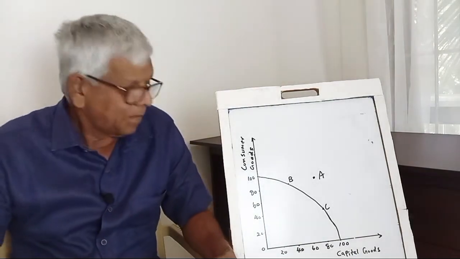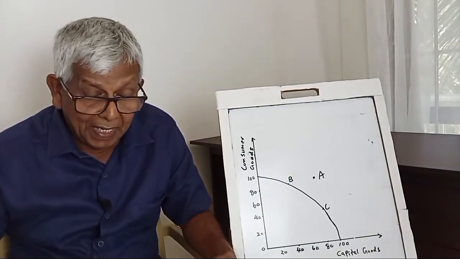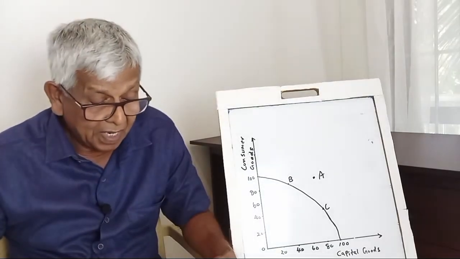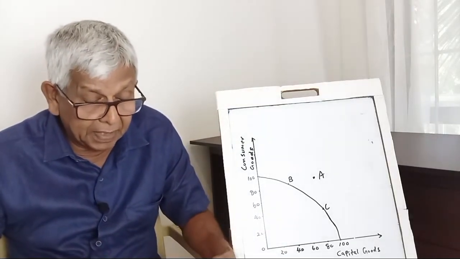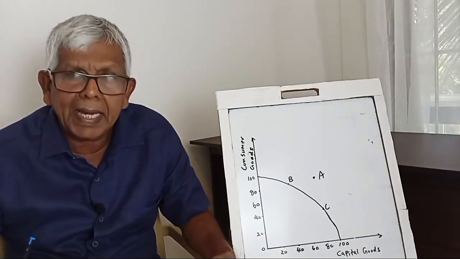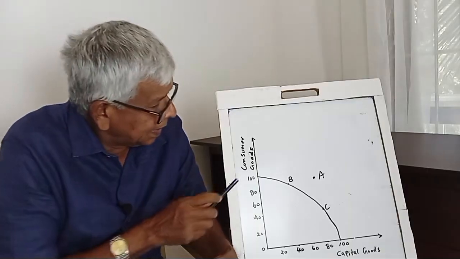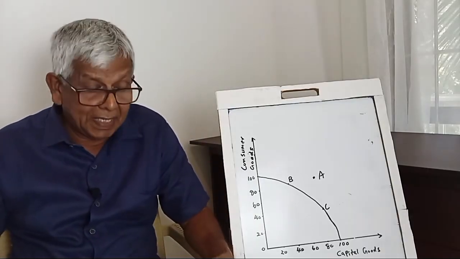A, point A. A situation in which human wants exceed the attainable combination of goods and services is called scarcity.